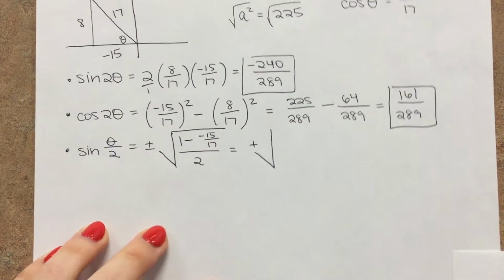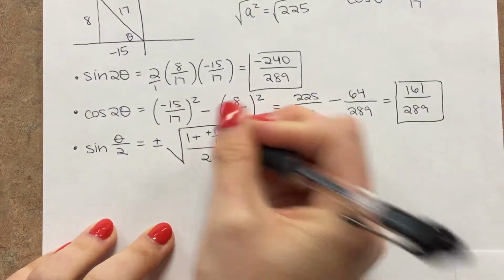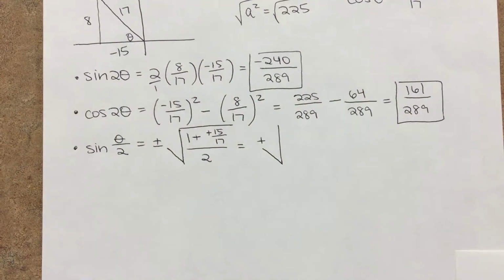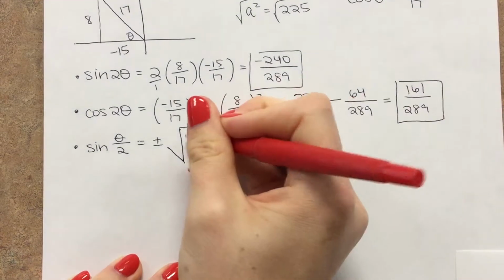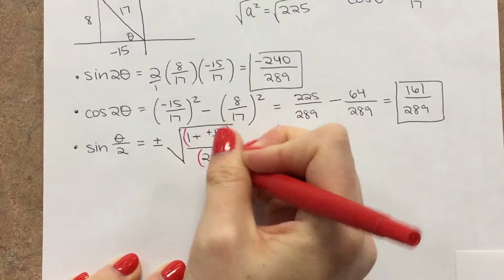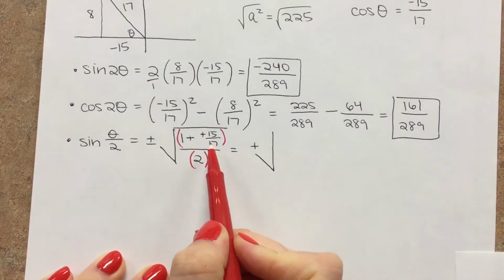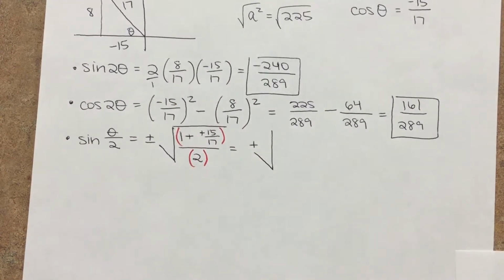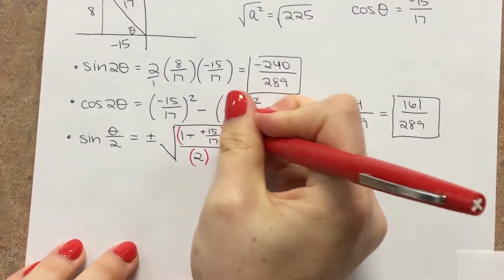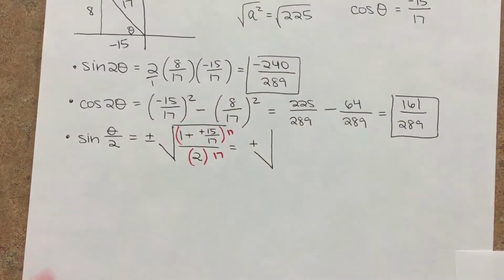So let's then jump back in here. So first the minus negative changes to plus to positive. And then with these, when you have these fractions inside of fractions, you're going to take top and bottom and multiply it by whatever this denominator is to clear out the fractions. So that denominator is 17, so we're going to multiply top and bottom by 17.